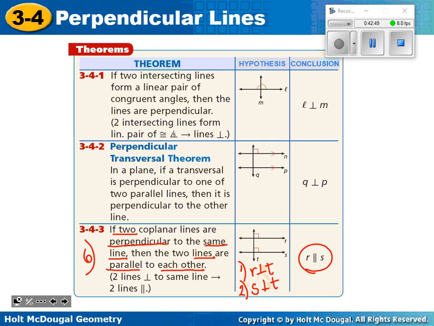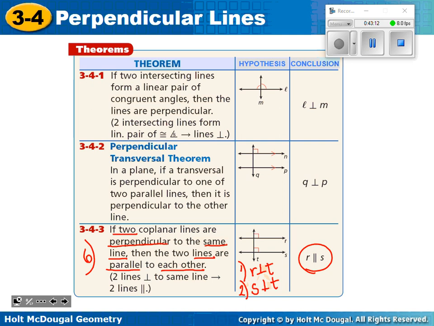And if you want to, you can draw yourself a little picture here in your notes to remind yourself what it should look like. You should have 2 lines perpendicular to the same line. Therefore, that makes the 2 lines parallel. Any questions on our last way to prove lines parallel?